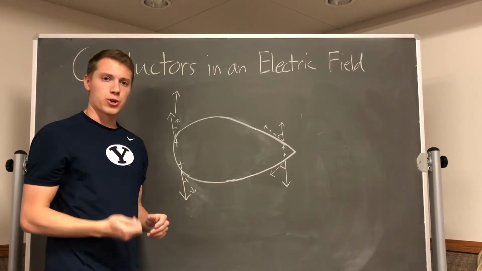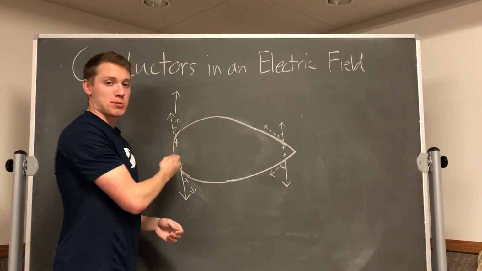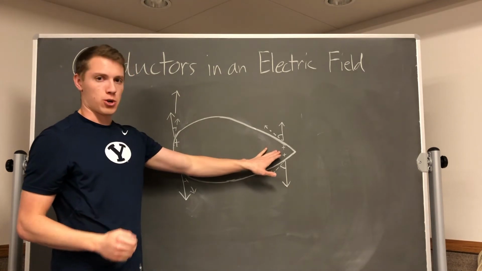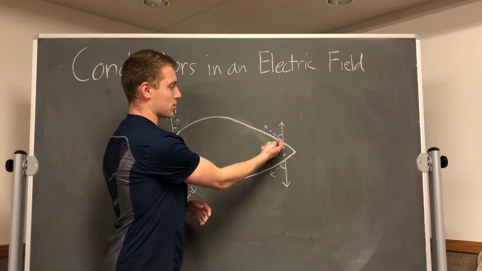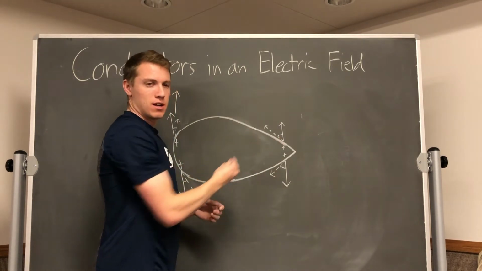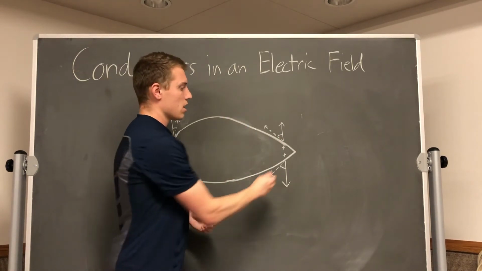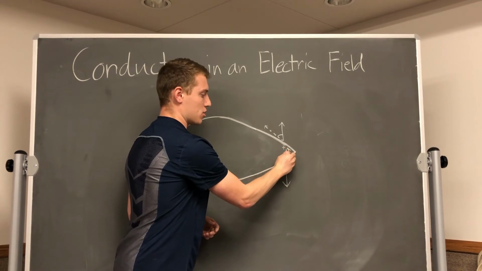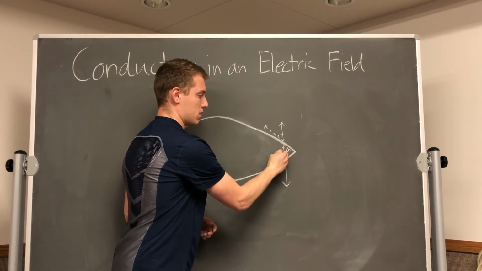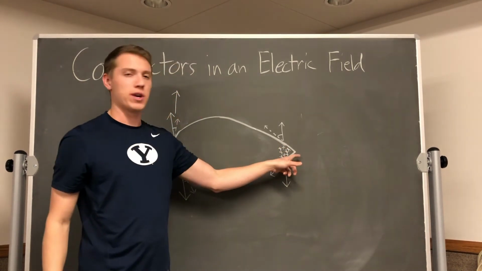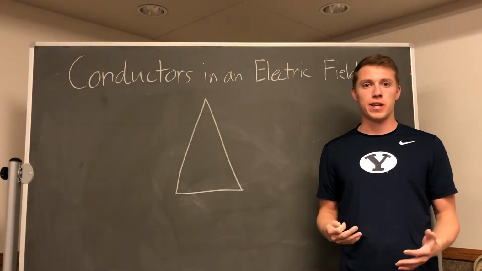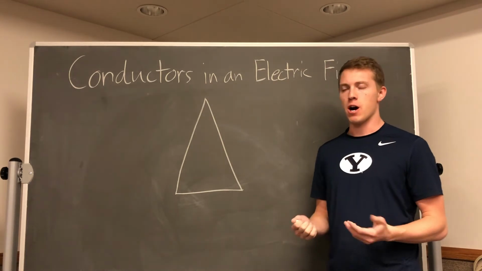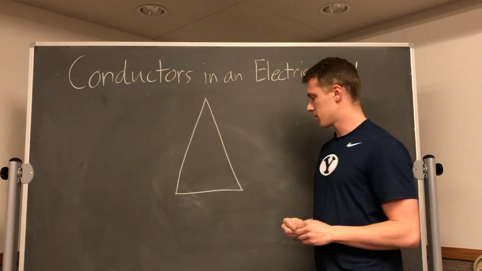And so charges on the non-pointed end get spread out a lot more than the charges over here. So these charges, since there's not as much of a net force in opposite directions, all the positive charges accumulate at the pointed end of a conductor. Okay, so we know that charges accumulate on the pointed ends of conductors.